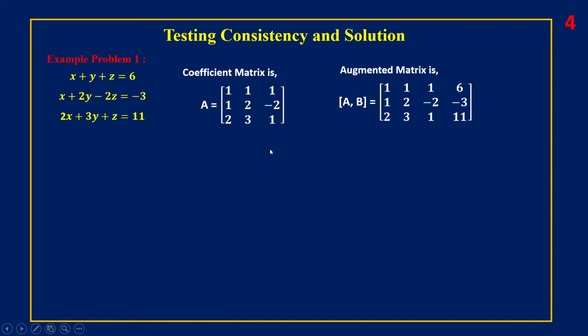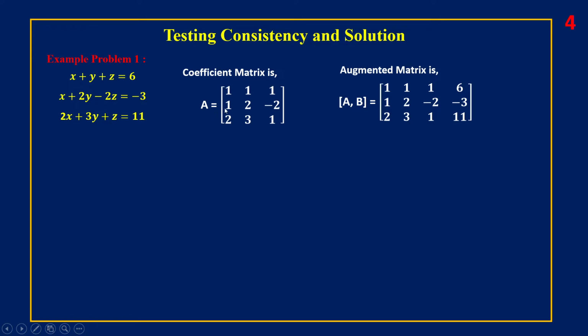If you want to test only consistency, we can use the determinant method itself. If we want to find the solution, we can use the elementary transformation method, because using that method we can easily find the unknown variables x, y, z. So let me go for the elementary transformation method.